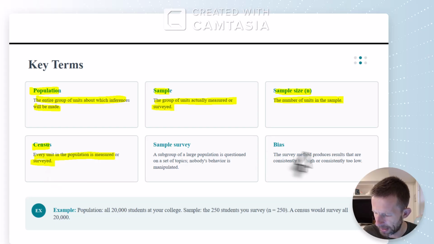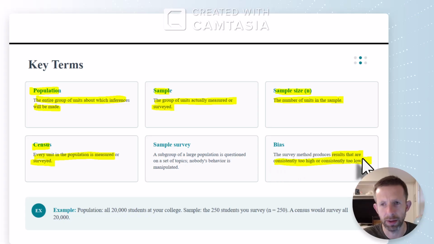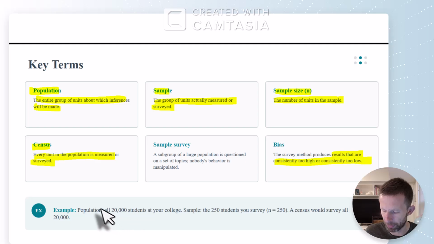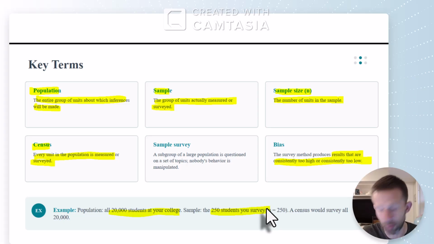Sample survey bias is how my results from my sample are consistently different from the population. For example, I have a population of 20,000 students at a college, and I survey 250 of those. Well, that would be a sample. We'll talk about ways of collecting a random sample later.